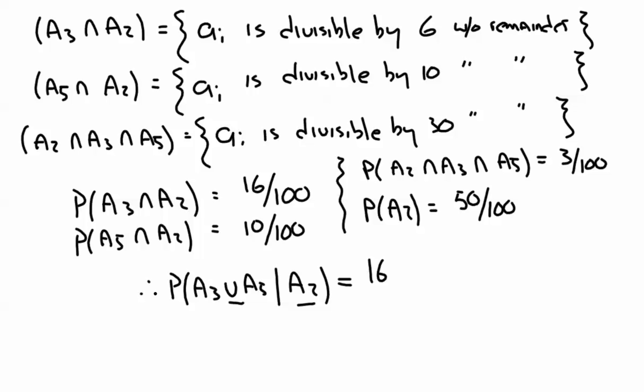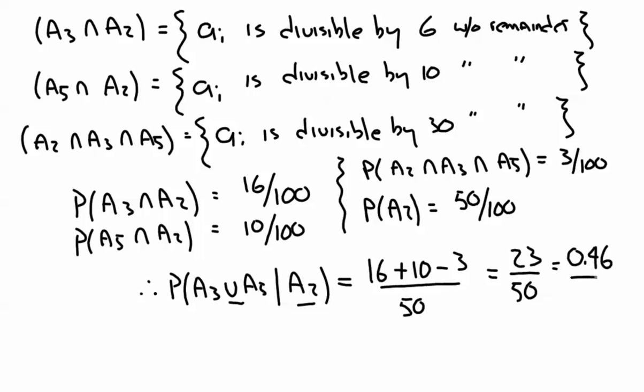That's 16 plus 10 minus 3 over 50. That's 23 chances out of 50. It's about 46%. As with many of the examples that I'm going to do for you, the final result is not nearly as interesting as the process.